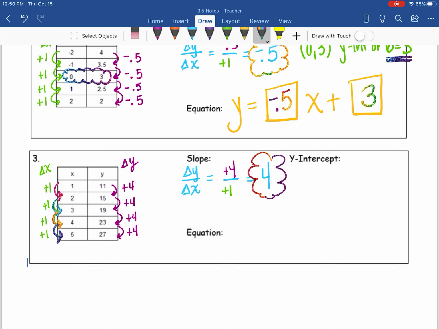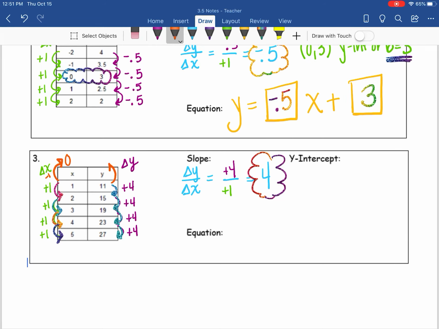If we have to go backwards, that means that we have to do the opposite operation. So if we're going to go backwards from 1 to get 0, we've got to go backwards on the other side too. Going backwards would mean we're subtracting 1, and now we have 0. On the y side, when we were going forwards, we were adding 4.